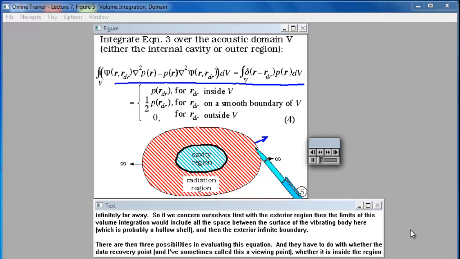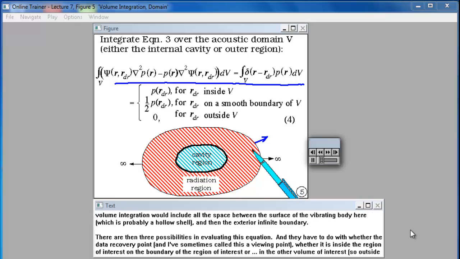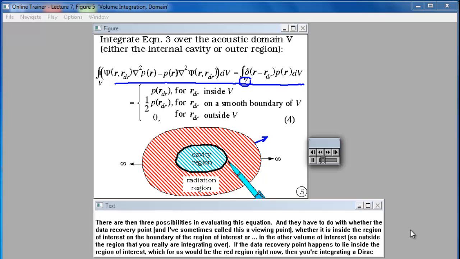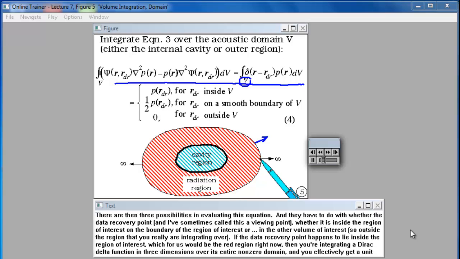So if we concern ourselves first with the exterior region, then the limits of this volume integration would include all the space between the surface of the vibrating body here, which is probably a hollow shell, and then the exterior infinite boundary.